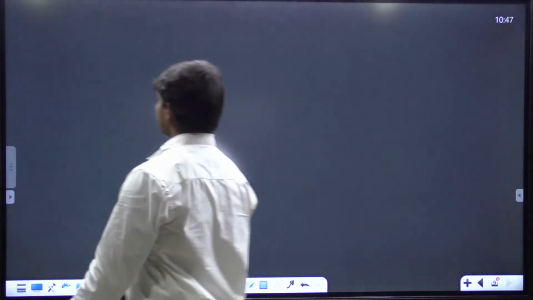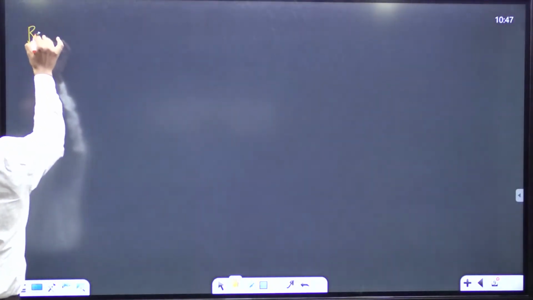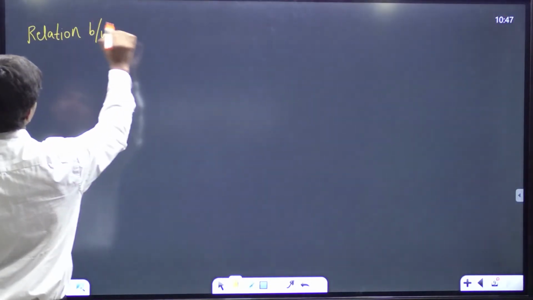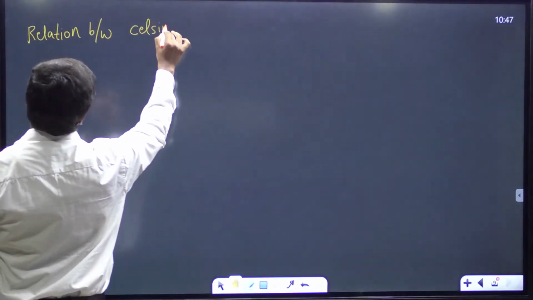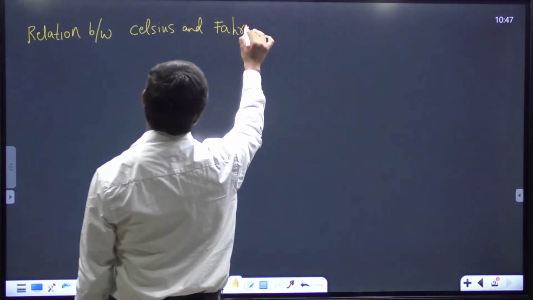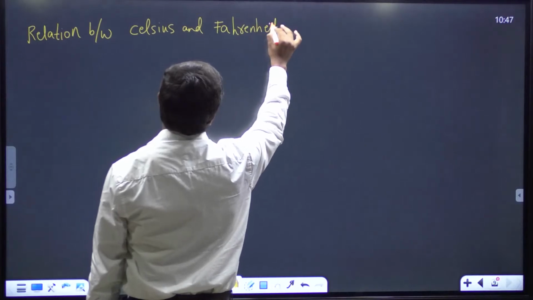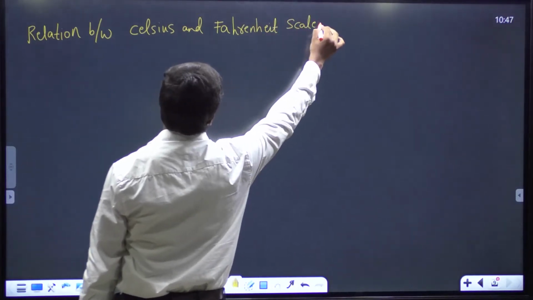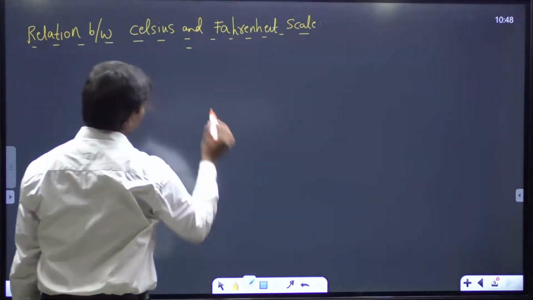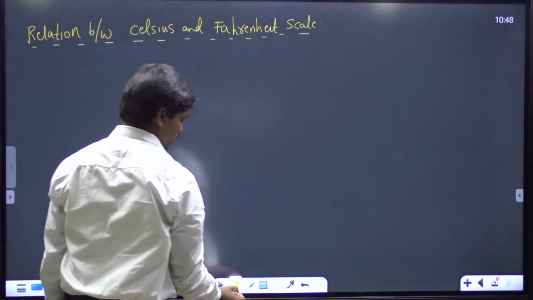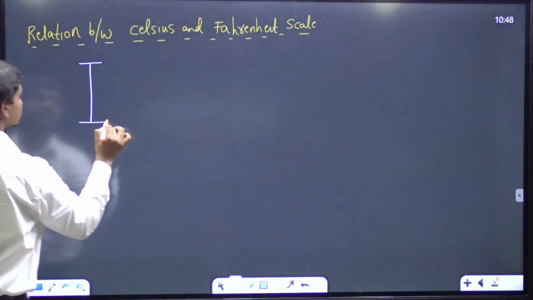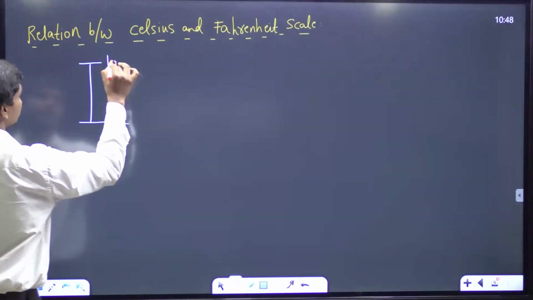So if you see the relation between Celsius and Fahrenheit scale, this Celsius scale has lower limit to be 0 degrees Celsius and upper limit to be 100 degrees Celsius.